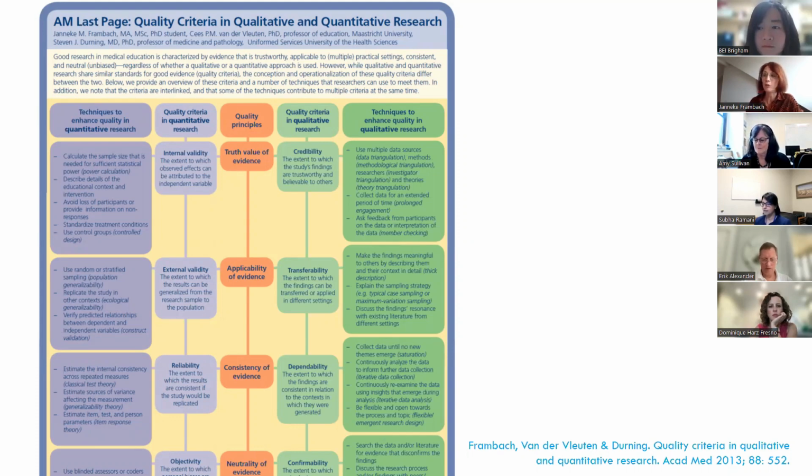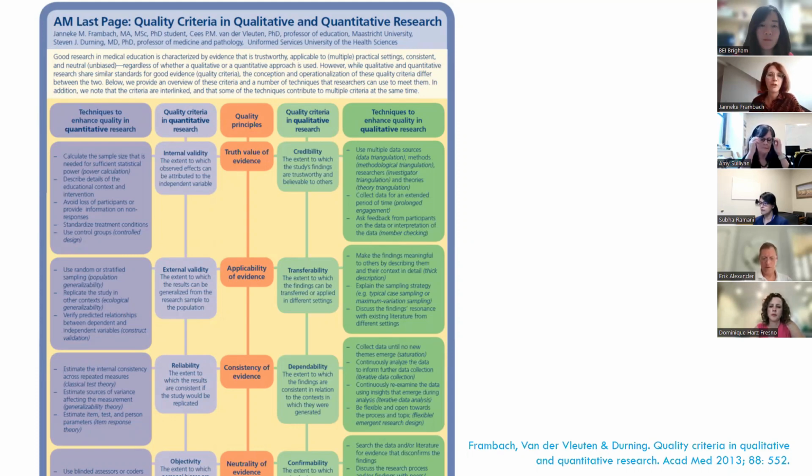It's about integrating these techniques in ways that work best for your design. And some of the techniques mentioned here, and I'm not going to go into detail in this slide, but we'll talk about some of them in some of the next slides. Not all of them apply to every study. So it's about thinking carefully of which of the techniques makes sense for your particular design.